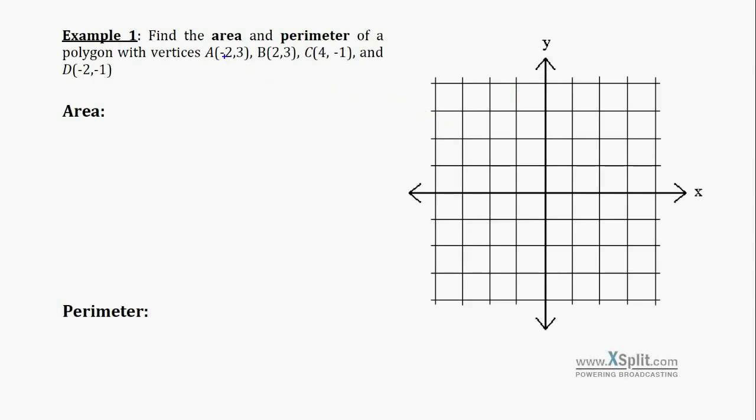The point -2, 3 is going to be located left 2, up 3. The point 2, 3, right 2, up 3, located right there. The point 4, -1, right 4, down 1, located right there, and then the point -2, -1, left 2, down 1.